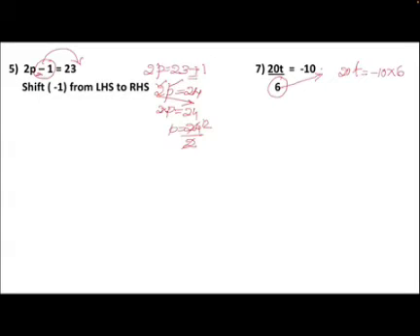From where did you get this 6? It was in the denominator on the left hand side. It has moved to RHS and got multiplied. Opposite. Everything becomes opposite operation on the right hand side. So 20t is minus 60.